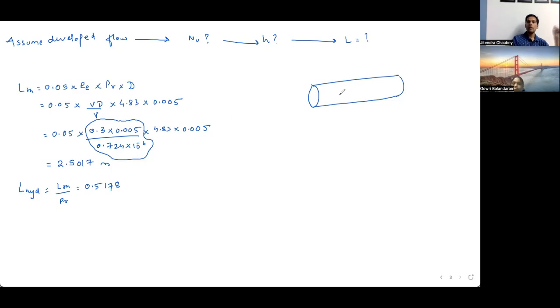So now I have got the limiting value. If the obtained length is less than 2.5, your assumption of fully developed flow will be wrong.